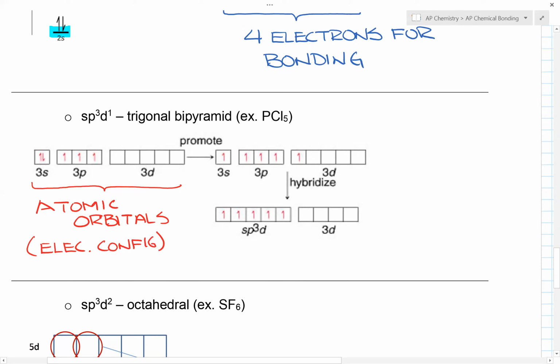When it is bonding, the pair of electrons that are here get split up, and you get 5 electrons ready for bonding.